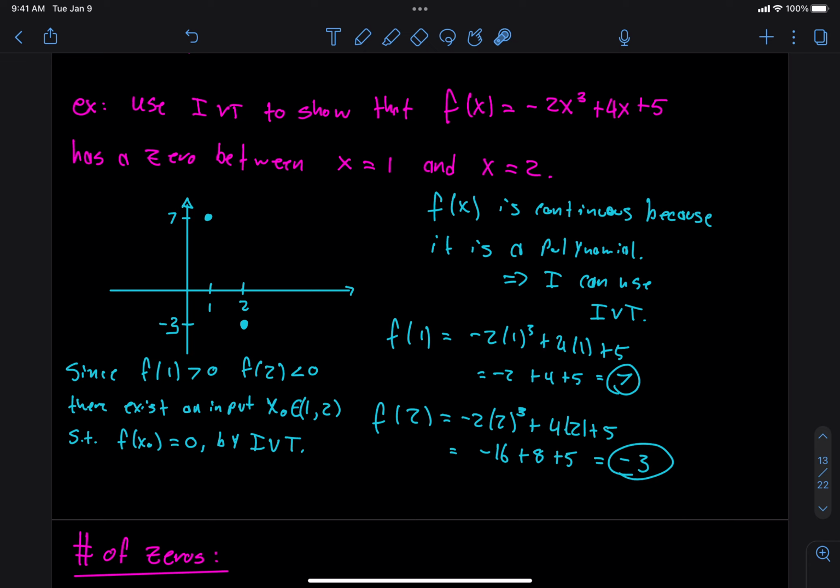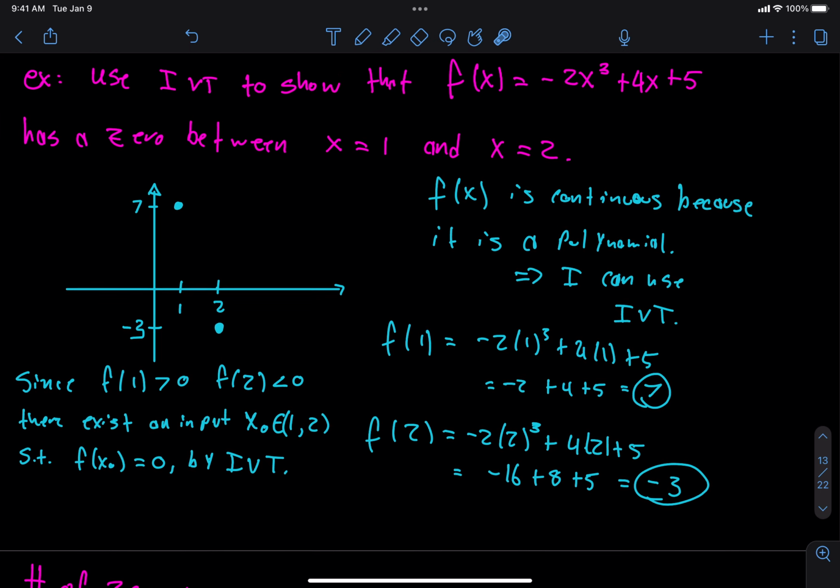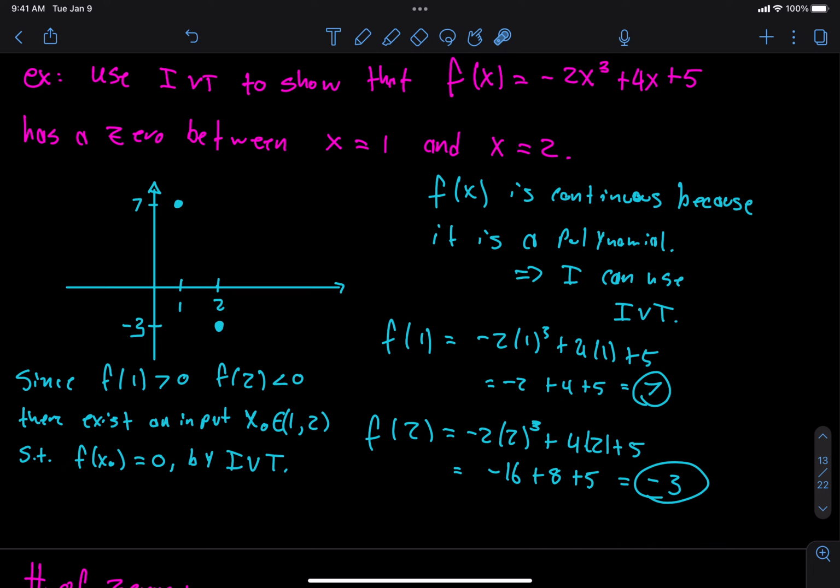Yeah? Okay, so this is more of a logical conclusion than it is a computation. Are there any questions on this problem? Because this is most likely different than anything you've done in math recently.